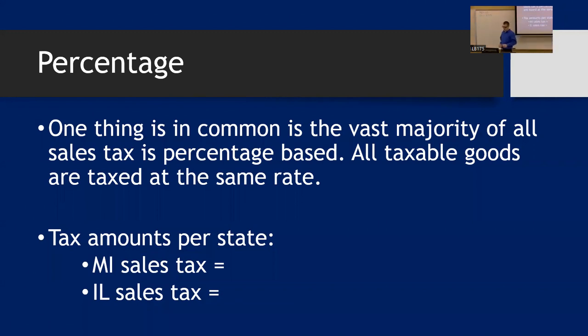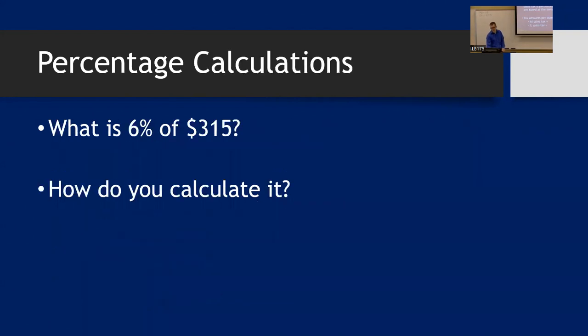All right, so now we know Michigan sales tax and Illinois sales tax. Because Michigan is at 6%, let's calculate. We're going to buy $315 worth of stuff. How do I calculate what 6% of 315 is?